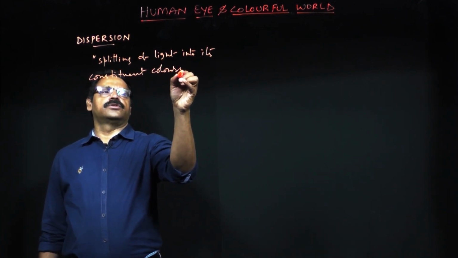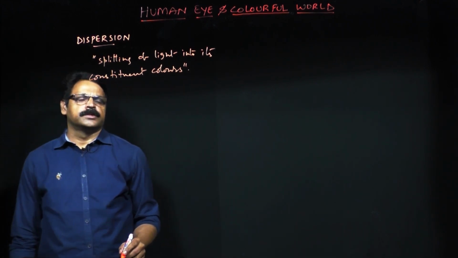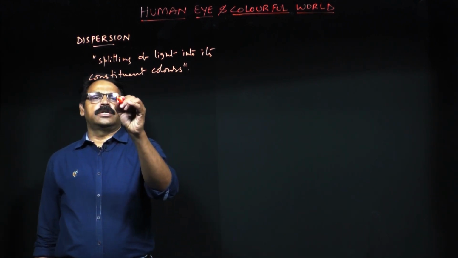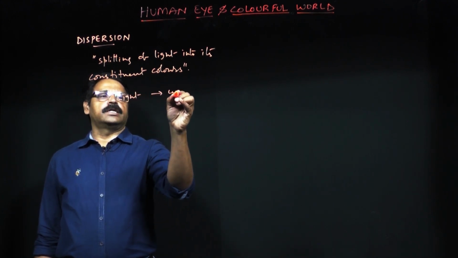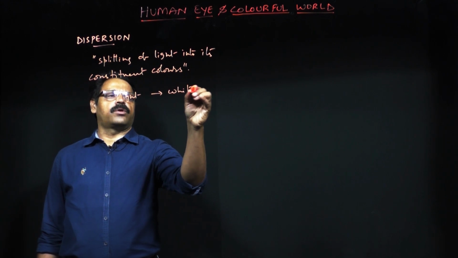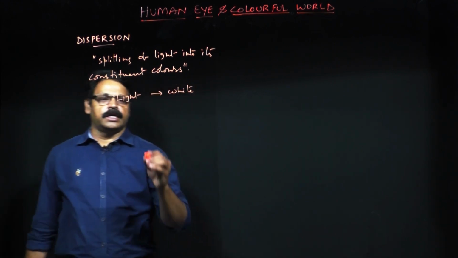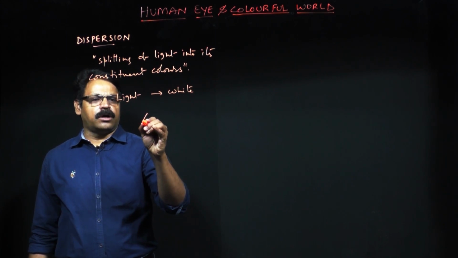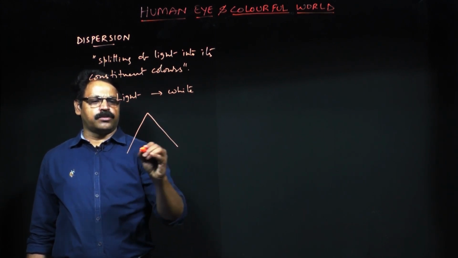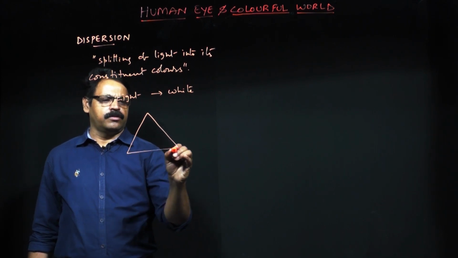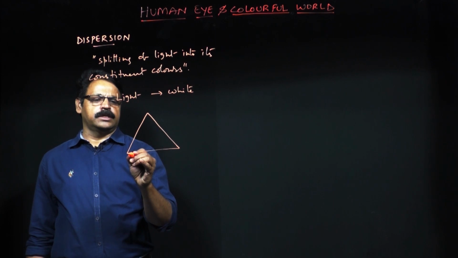That means generally light is white in color, and that's the reason we call it white light. Whenever white light falls onto a prism, this is the instrument which we are going to look at in detail now. What a prism is and all, we'll be discussing.